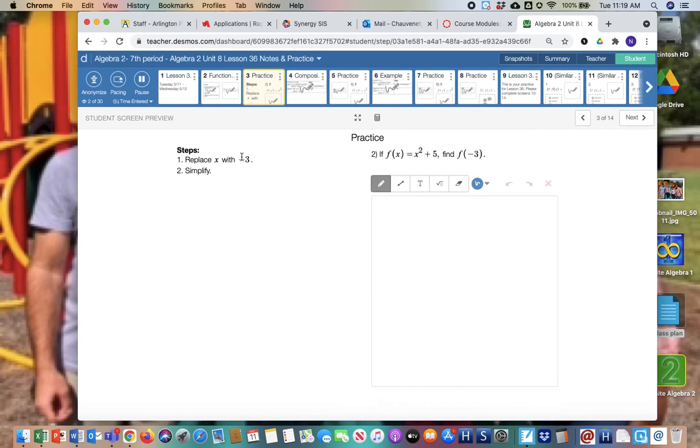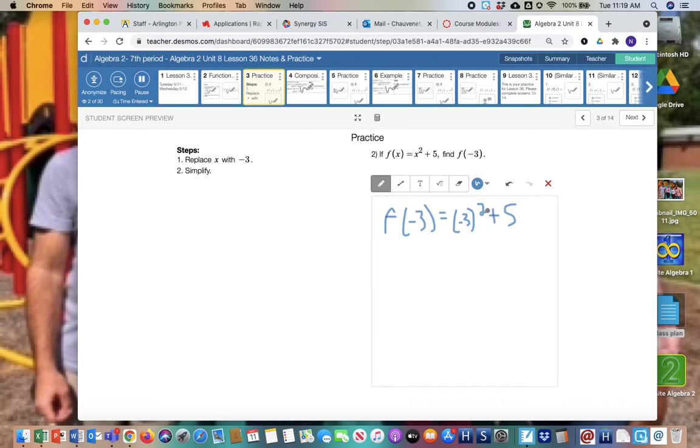Alright, so let's take a look at how we do it. So here it asks us to do f of x equals x squared plus 5. I'm going to do f of negative 3. So what are our steps? We're going to replace x with negative 3. Alright, so here we go. f of negative 3 equals negative 3 squared plus 5.